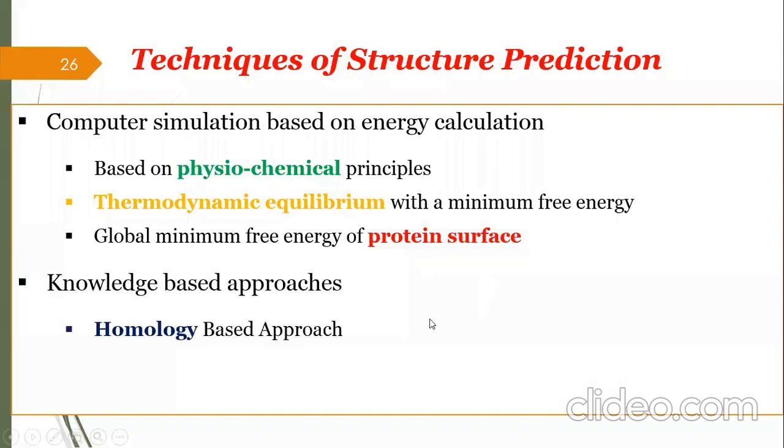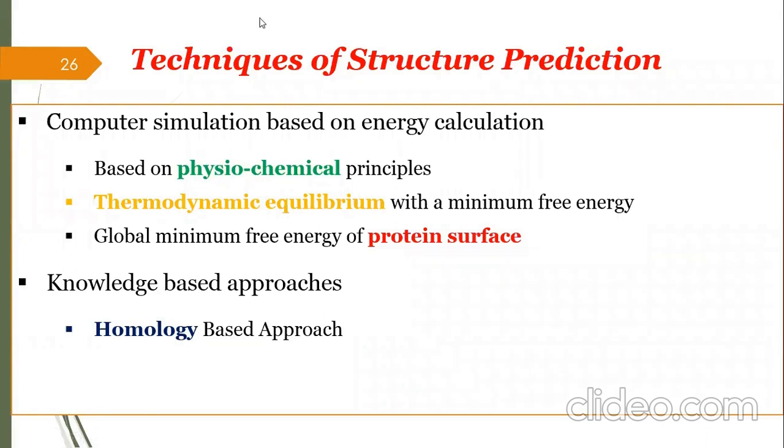Alternatively, we have other techniques, and that group is known as knowledge-based approaches. We have some prior information, and based on that information, we can predict the structure. The first of these is the homology-based method. We already know some protein structures, and for a homologous sequence, a sequence for which the structure is available, a similar sequence will give rise to a similar structure.